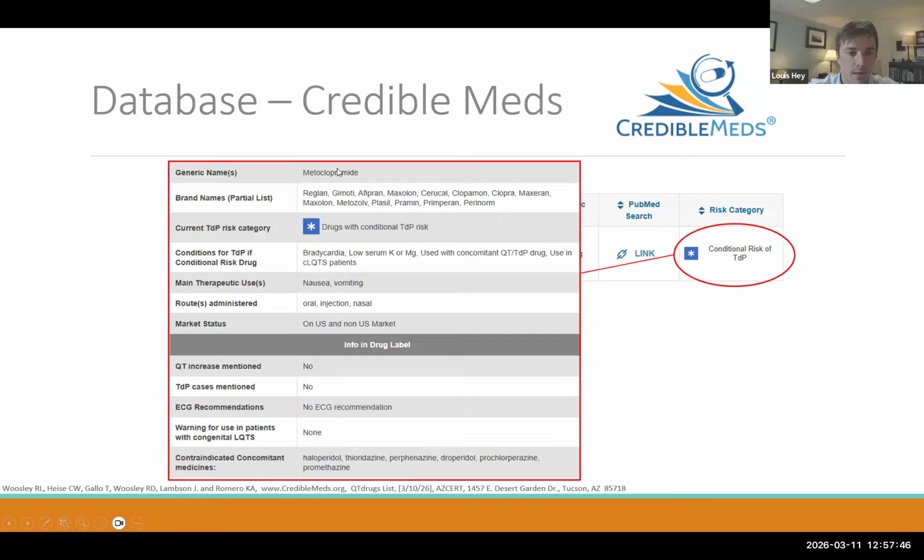You have the drug name again here, and then the conditions that it may be associated with torsades in: bradycardia, electrolyte abnormalities, polypharmacy, and congenital long QT. And then down here, the drug label itself does not mention a risk of QT prolongation nor torsades.